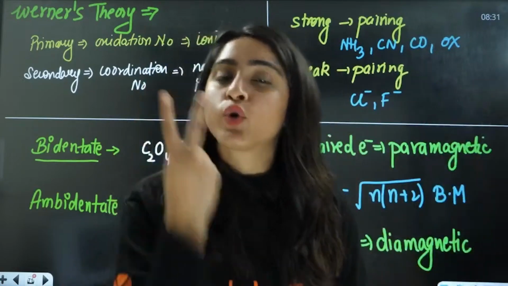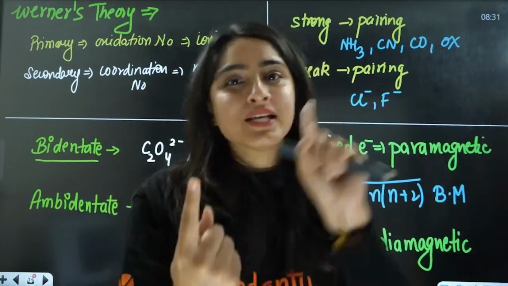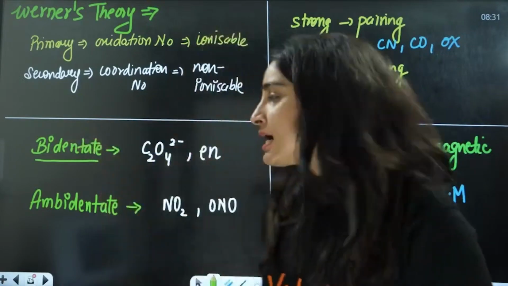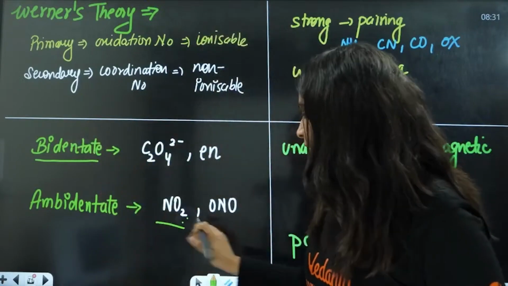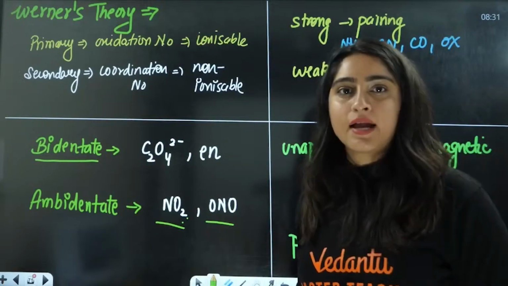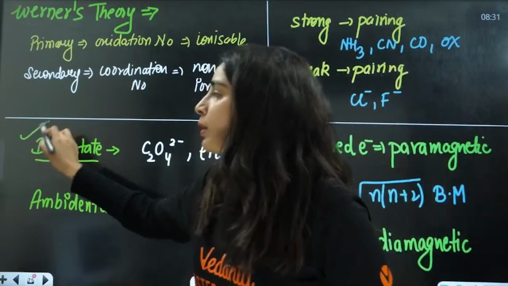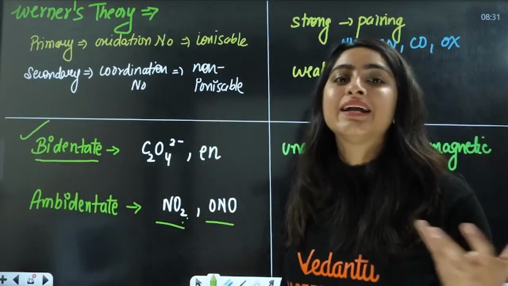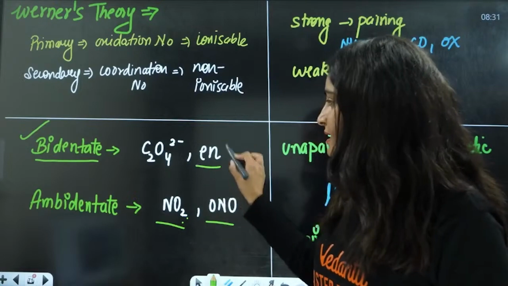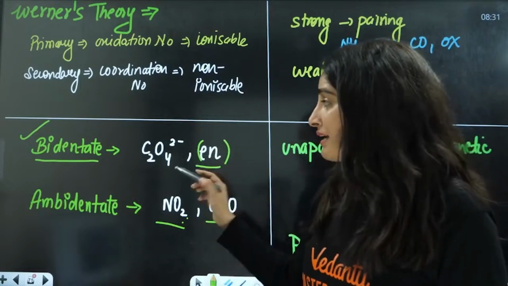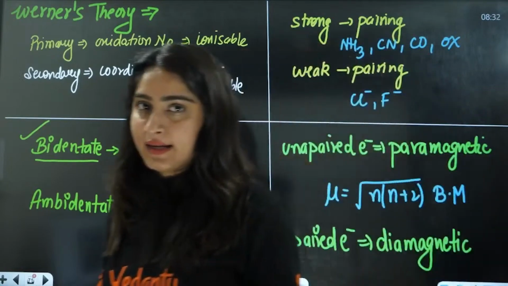Ambidentate is when we have two donating sites and only one is donating at one time. So ambidentate ligands are NO2 or SCN. And for bidentate, ethylene-1,2-diamine, that is en, is bidentate, or oxalate is bidentate, right?